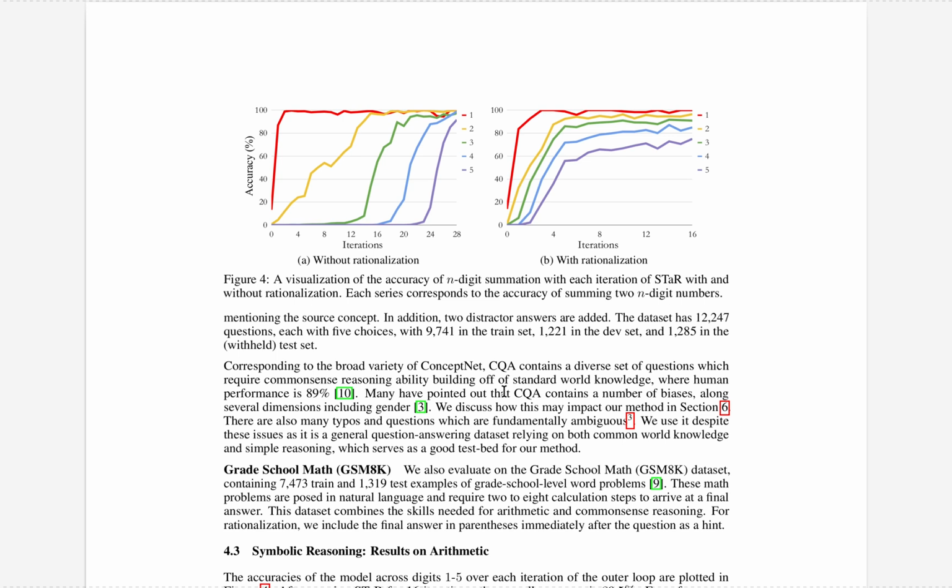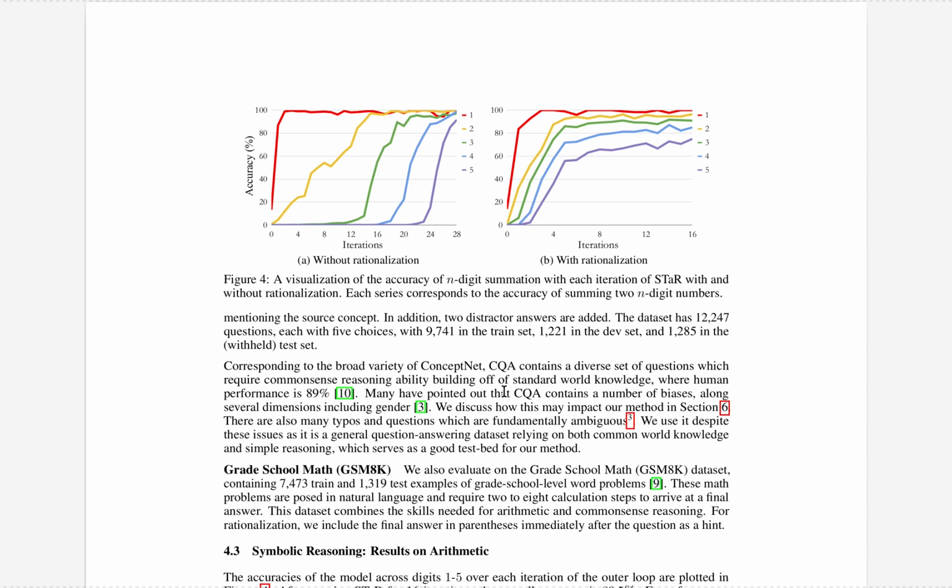Corresponding to the broad variety of concept next, CQA contains a diverse set of questions which require common sense reasoning ability, building off of standard world knowledge, where human performance is 89%. Many have pointed out that CQA contains a number of biases along several dimensions including gender.